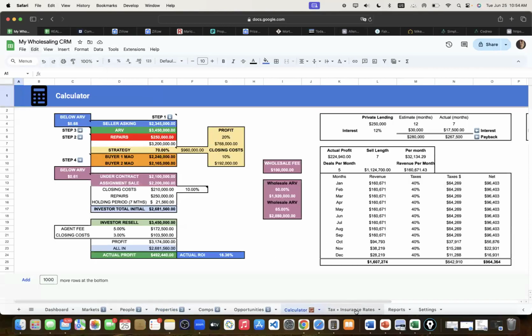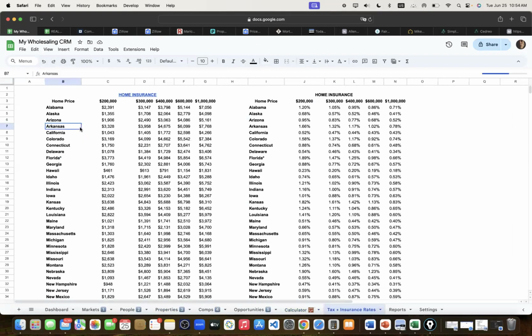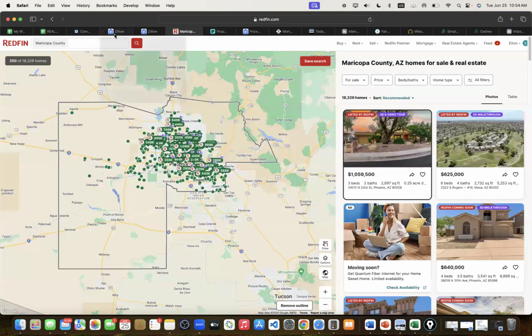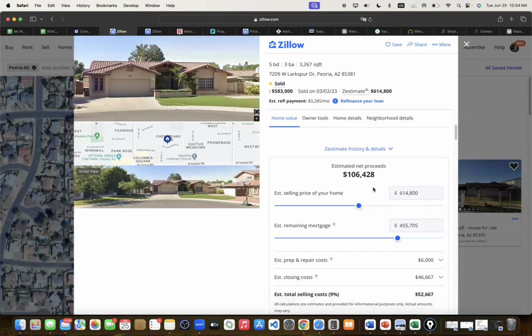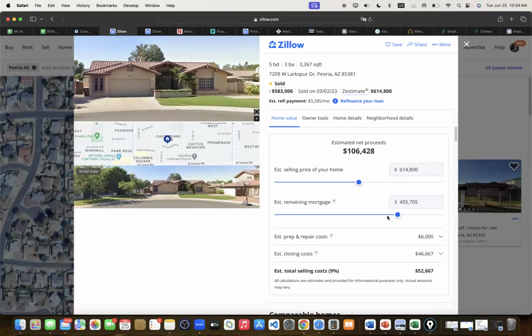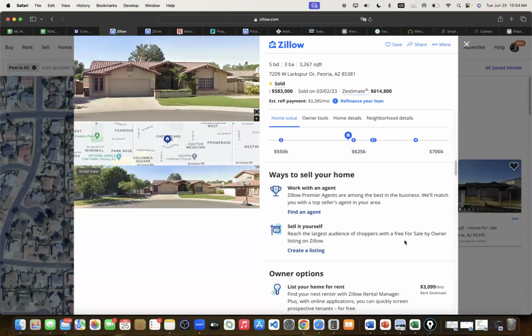What are we, Arizona? I think I have my taxes. Where's Arizona? Home insurance, Arizona, 0.95. Okay, where's the calculator at? Estimated repair costs, closing costs. Where's the calculator?